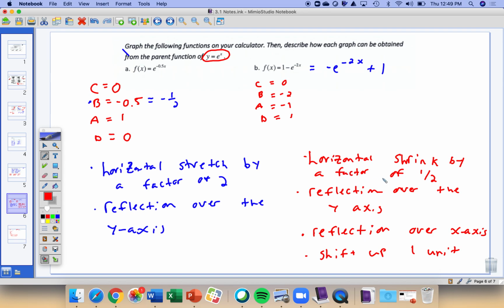Now, when I say by a factor of, you'll notice that I always flipped the fraction, right? 1/2 became 2, 2 became 1/2, because the B value is kind of opposite of what you would think. So 1/2 made it stretch, so I had to make the number bigger than 1, so I reciprocated the fraction.